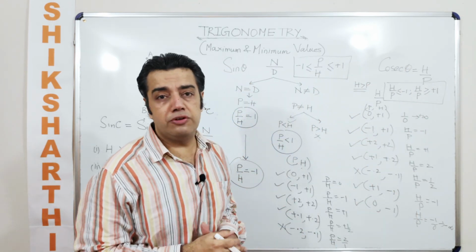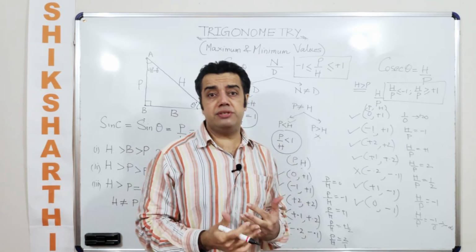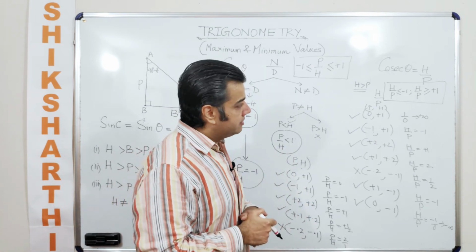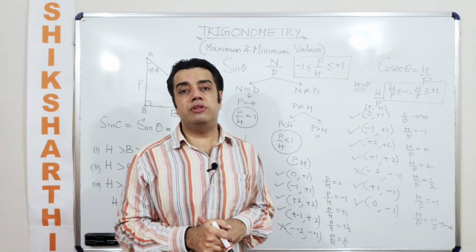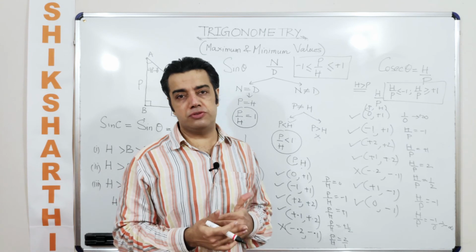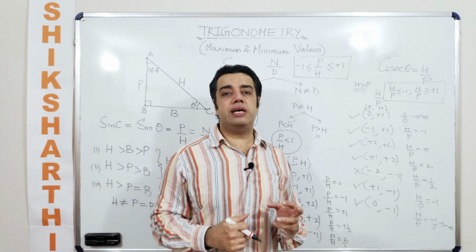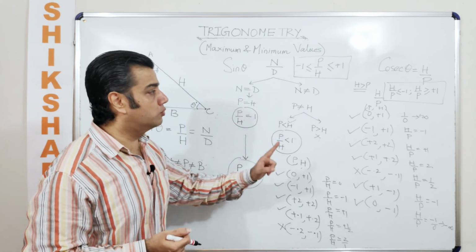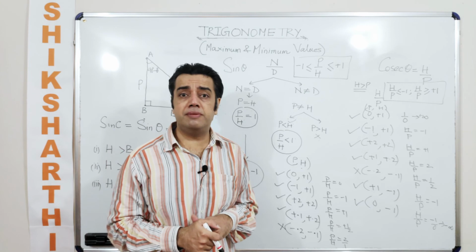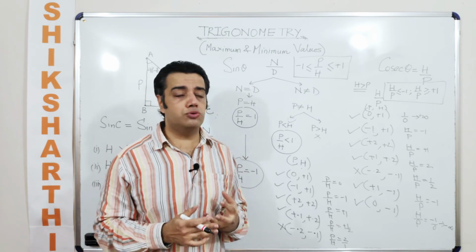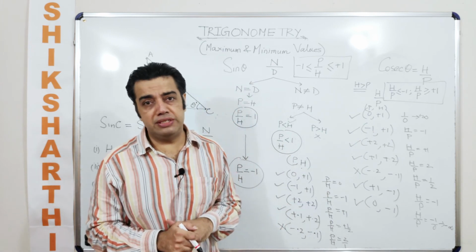So the minimum value of cosec theta when you get a positive ratio is plus 1, and the maximum value of cosec theta when you get a negative ratio is minus 1. This is the best way in which we can understand it, though there are other ways, maybe with the help of derivatives, maxima, minima, graphs and so on. But in any case, the answer would be the same.